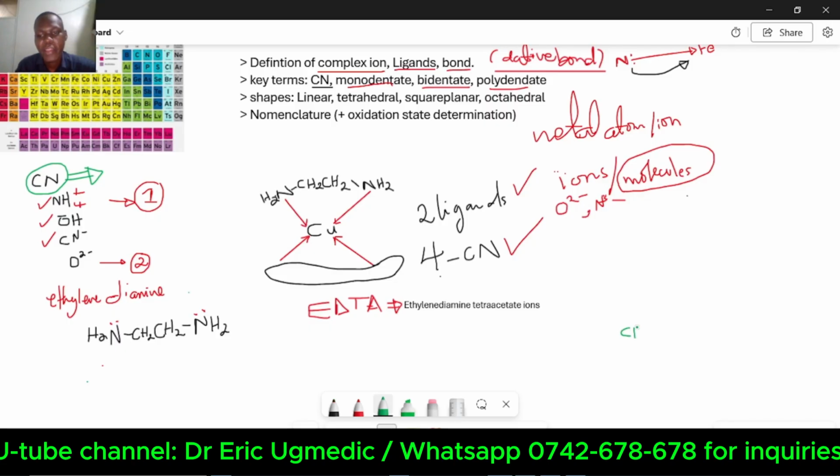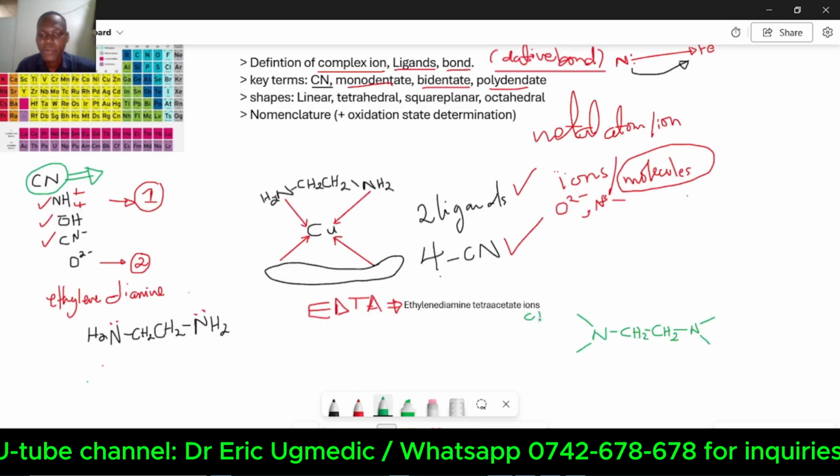So I have my ethylene here in the center. Then I have two amino or nitrogen atoms. Since we have these four acetates, each nitrogen will carry two instead of the hydrogens. You get?